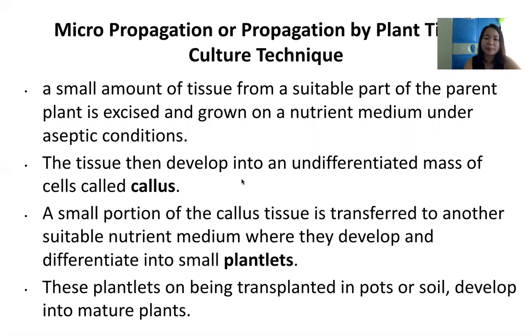The tissue then develops into an undifferentiated mass of cells called callus, and a small portion of the callus tissue is transferred to another suitable nutrient medium where it develops and differentiates into small plantlets. These plantlets, on being transplanted into pots or soil, develop into mature plants.